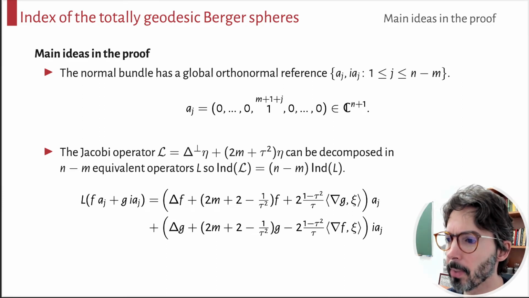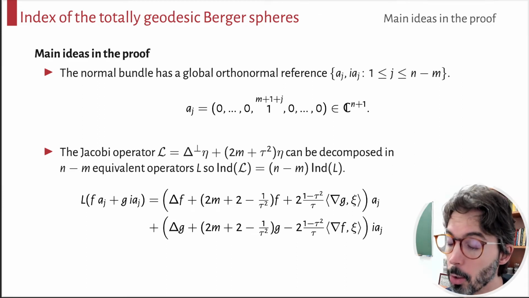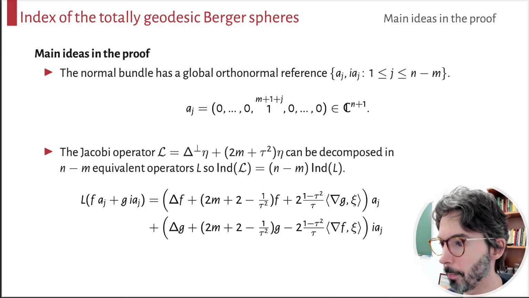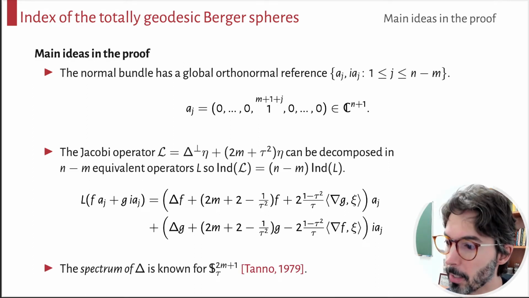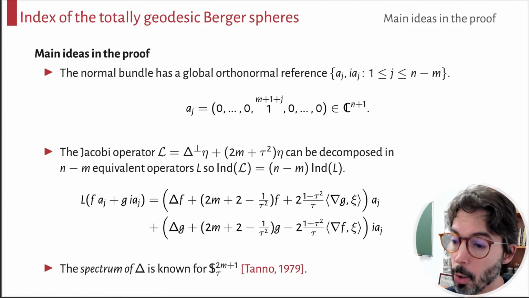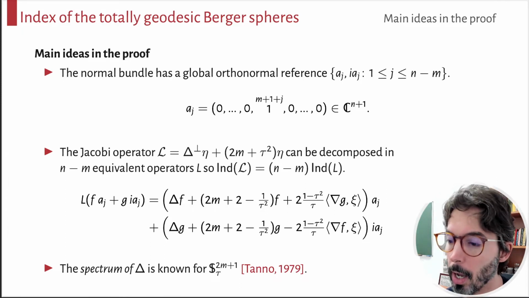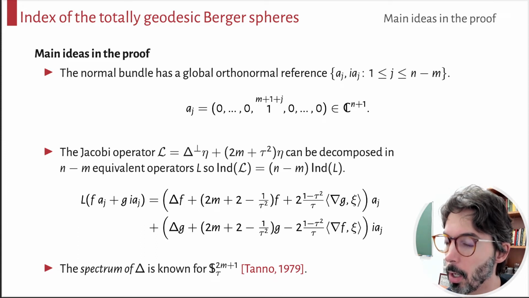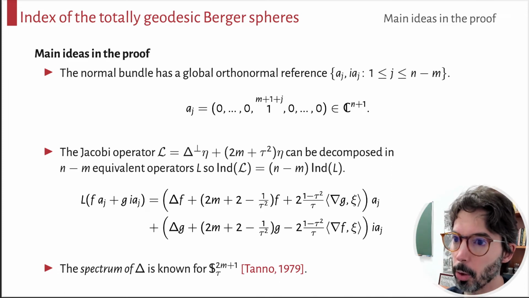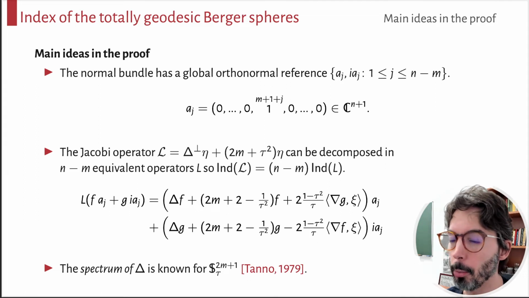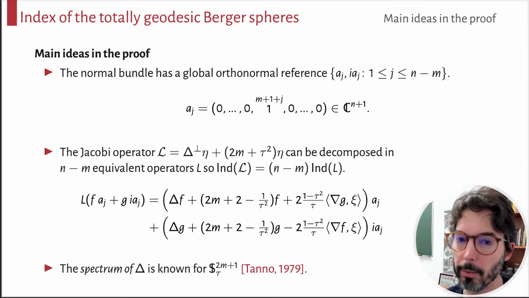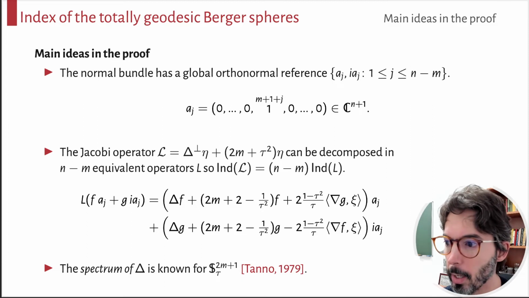It's not so complicated an expression, but it involves the grading of the functions. Finally, the spectrum of the Laplacian for the Berger sphere is known. That is the result of Tano I previously mentioned in the talk. And putting together all this information, it is then not so difficult to get the eigenvalues of the Jacobi operator and count how many of them are negative, and so get the index.